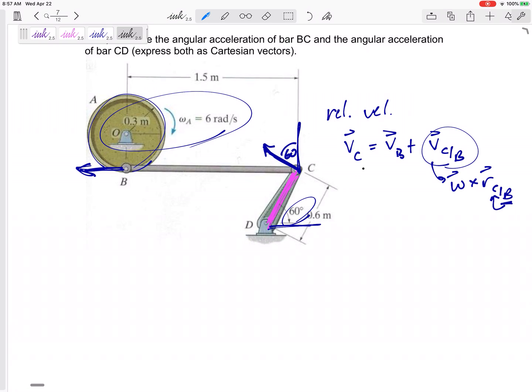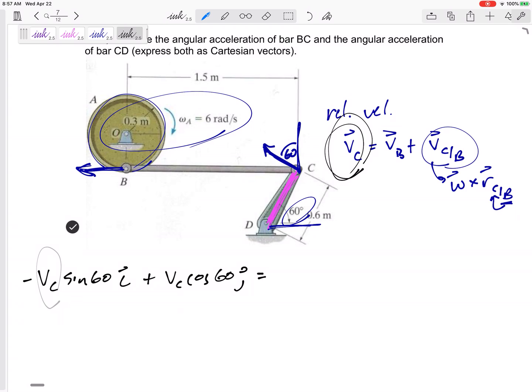All right, so this VC right here, I'm going to write as negative VC sine 60 in the I, positive, because it's going up, VC cosine 60 in the J. And that's my VC. Do you see that you need to go ahead and get the direction of that, so that you only have one unknown, the magnitude right there.